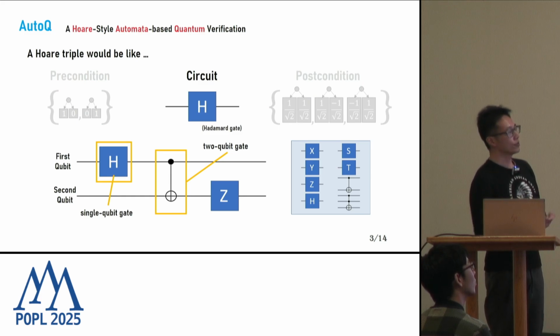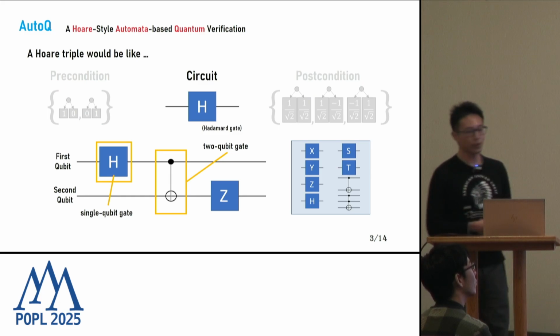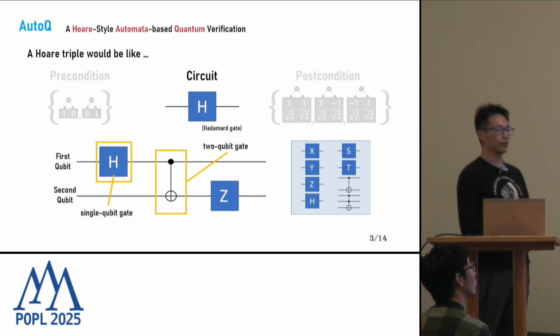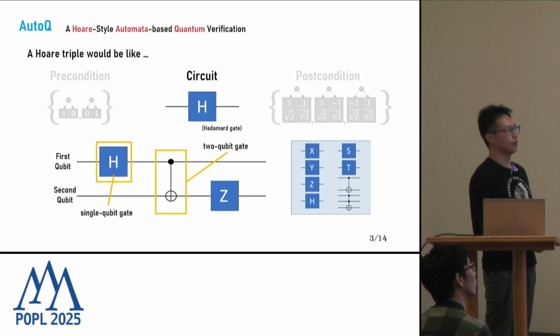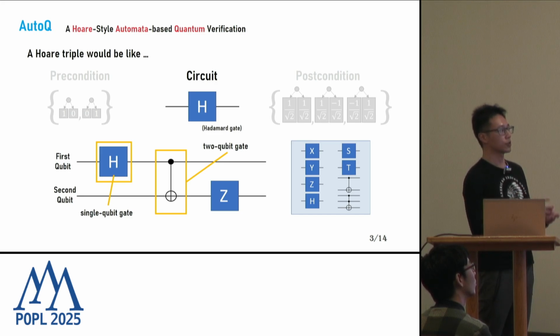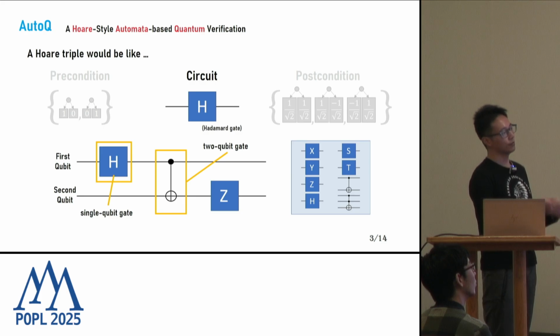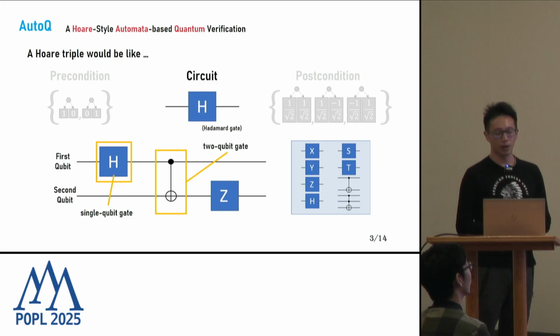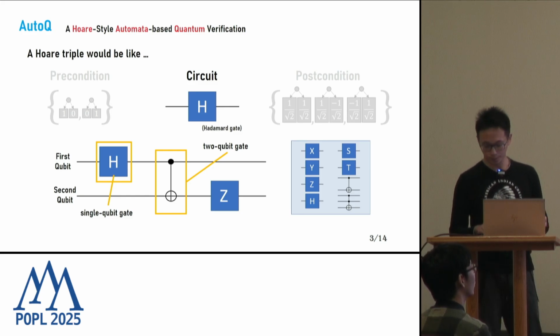A quantum circuit is a series of quantum gates, and executing the quantum circuit is sequentially applying the quantum gates to the corresponding qubits. There may be a quantum gate that applies to multiple qubits at the same time.